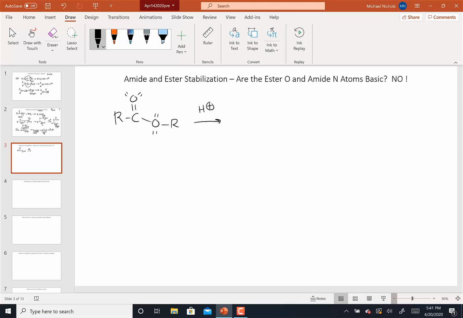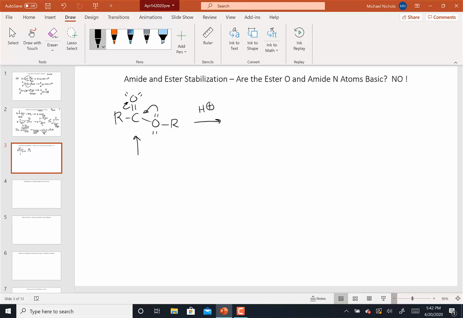And the answer is because that oxygen actually has a slightly positive charge to it. And you're like, wait, what do you mean a slightly positive charge? Well, here's a resonance structure that I can draw for an ester. I can take this pair of electrons, move it here, and then move the pair of electrons up to the oxygen.